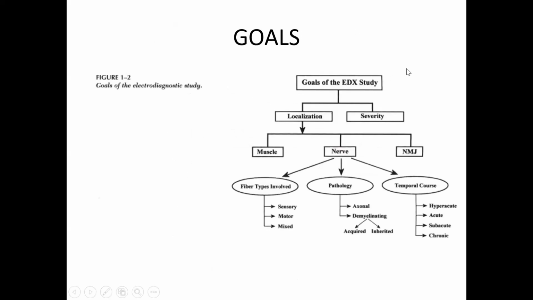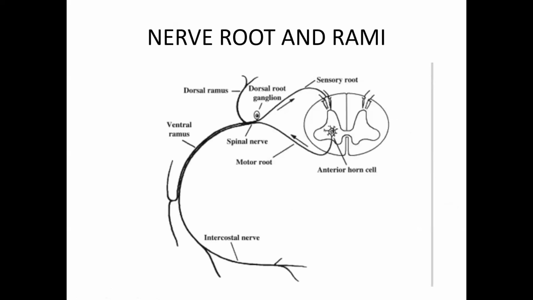So what is the benefit of doing this in a practical situation? All of the students must have seen the electrodiagnostic study happening. So what do you think is actually possible or the help of this electrodiagnostic study? Can anybody answer that?